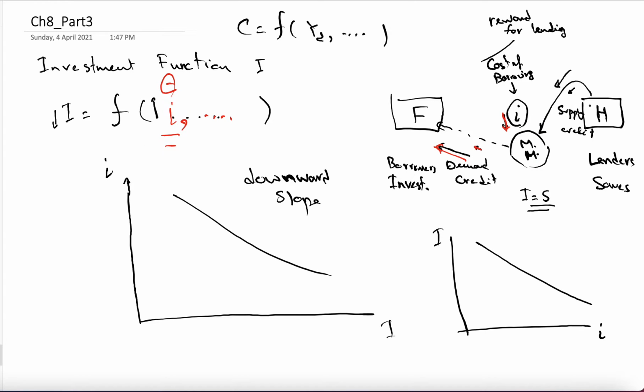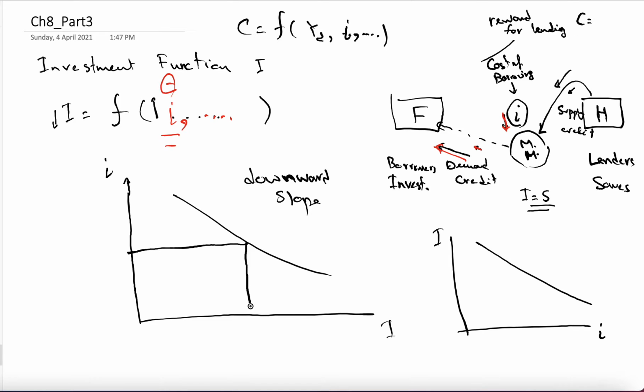We could do it for saving as well, and that is why we said consumption is a function of disposable income and interest and other things. So the interest rate is a very key variable in the macroeconomy. But in this chapter, we are assuming that the interest rate is given.